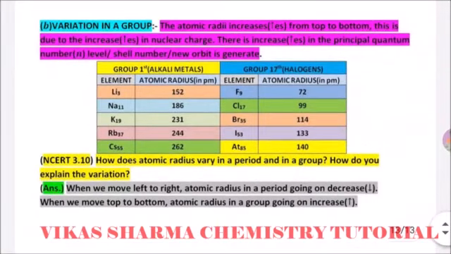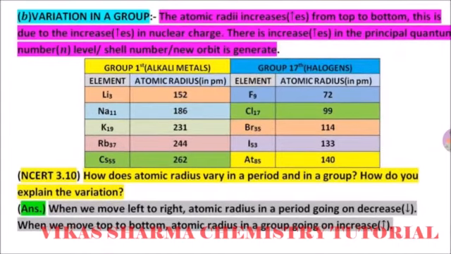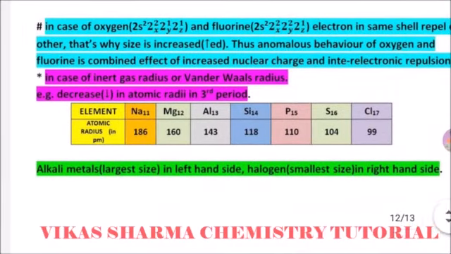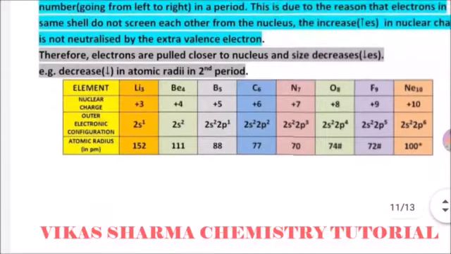Students, I hope this video is informative for you and you can easily understand atomic size, its factors, isoelectronic species, and the variation in a group. When we move down a group, the size increases, and some exceptions are shown.